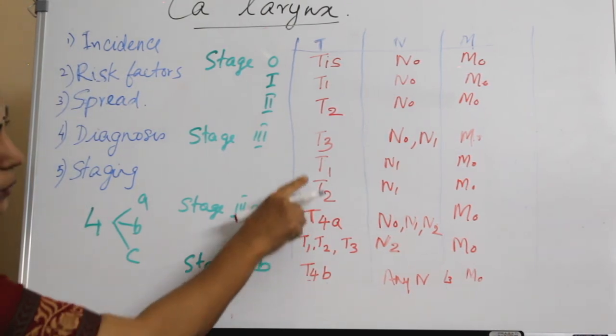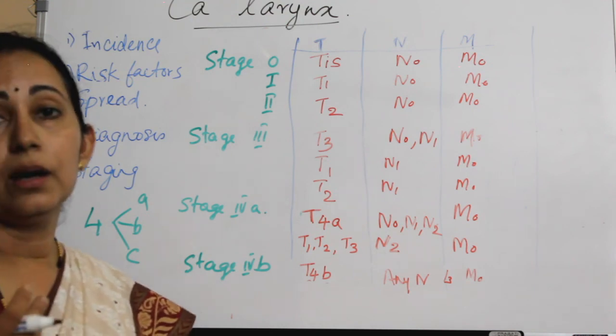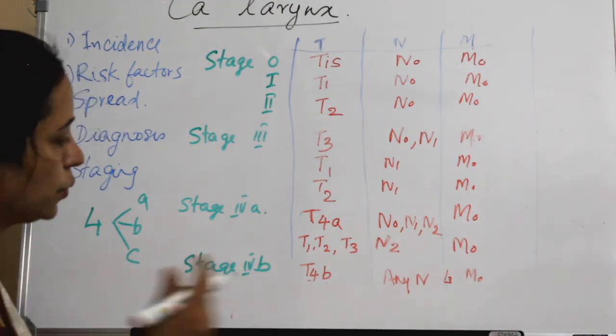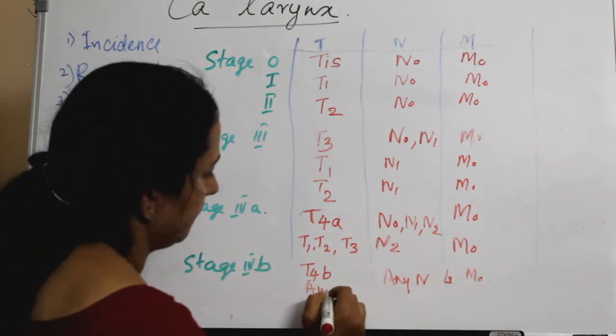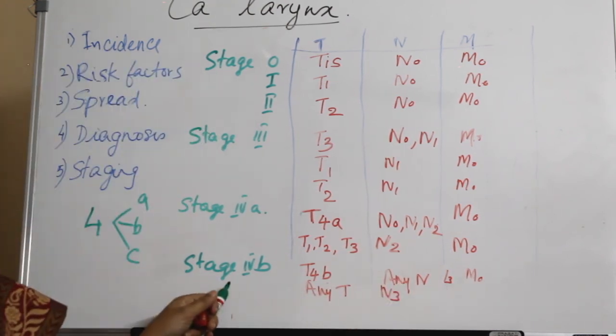Okay, and what about other T's? T1, T2, T3 and T4A and B, so any T with N3, again stage 4B.